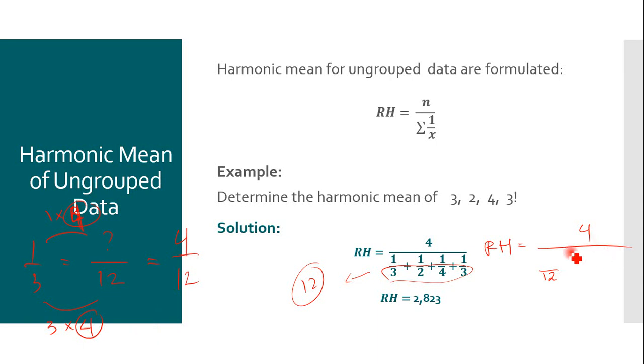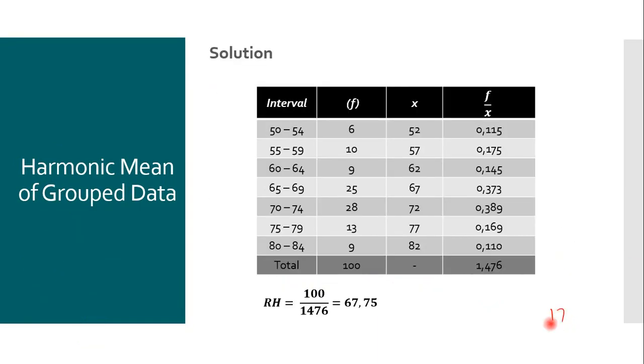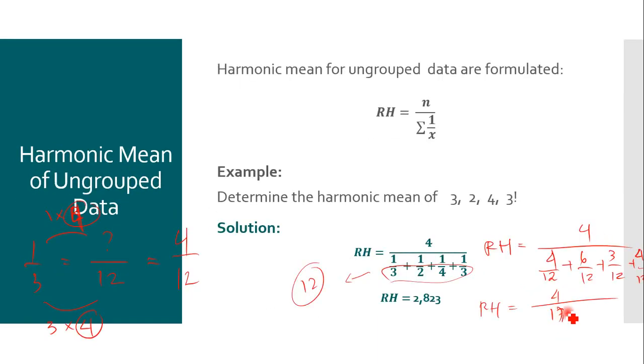Okay, we get 4 over 12 plus 6 over 12 and 3 over 12, and the last one is 4 over 12. RH is 4 divided by 4 and 6 is 10 and 17 over 12. I will continue it up in this area.